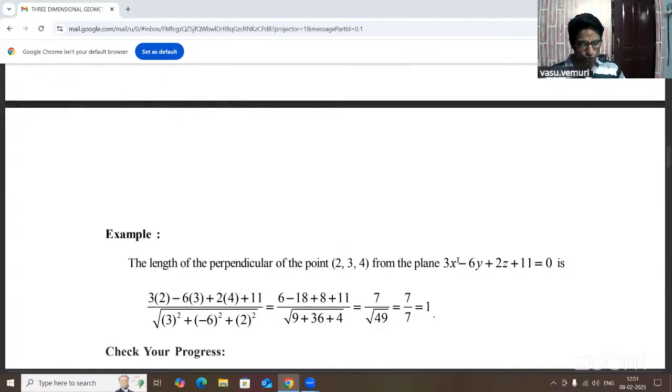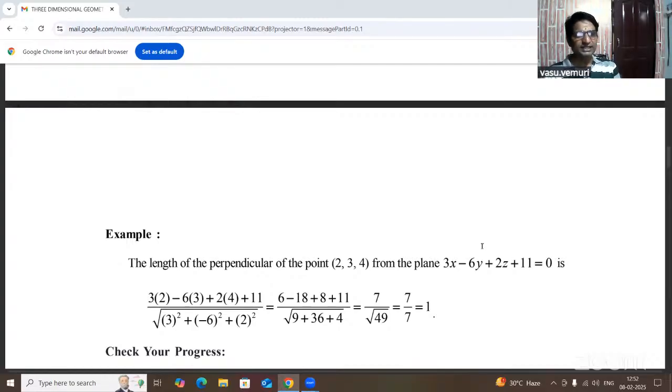So 3 into 2 minus 6 into 3 plus 2 into 4 plus 11 by root of 3 square plus minus 6 whole square plus 2 square. After simplification we get the value 1.